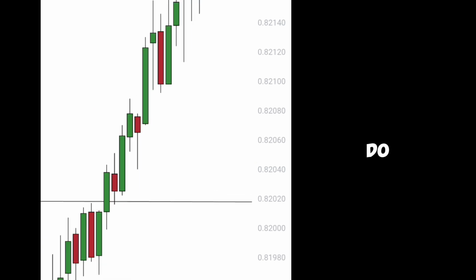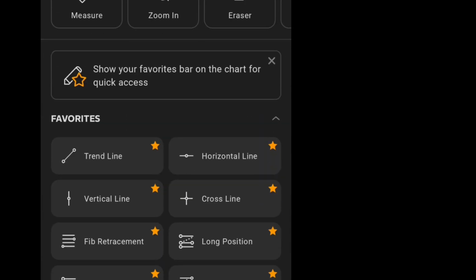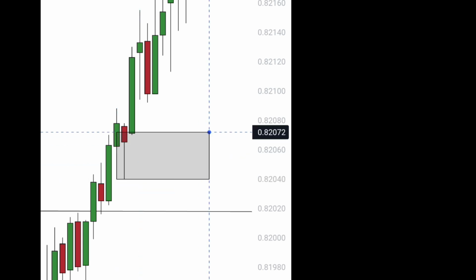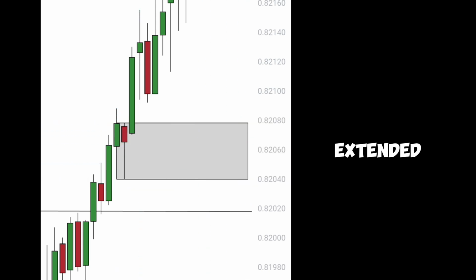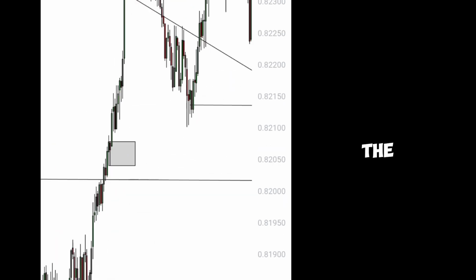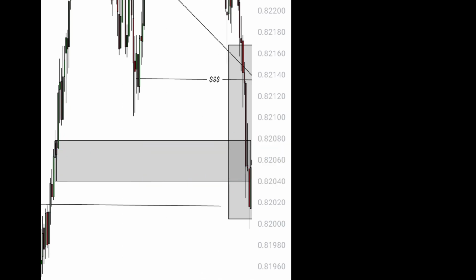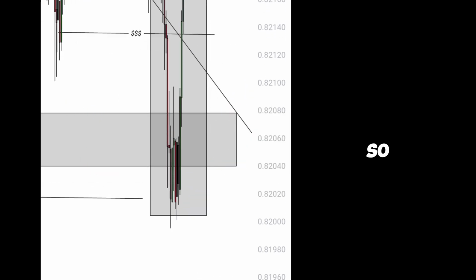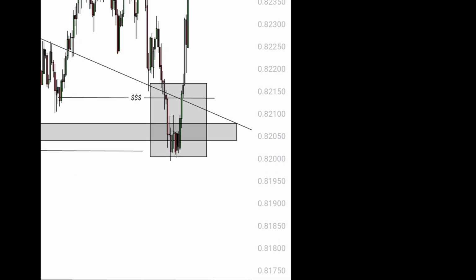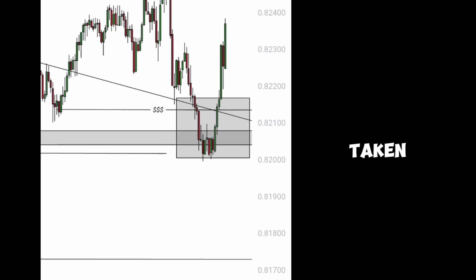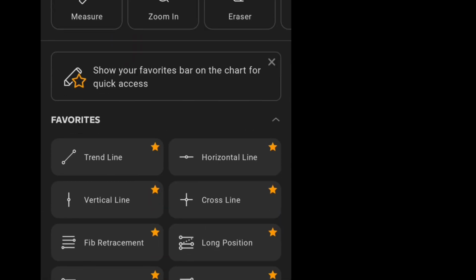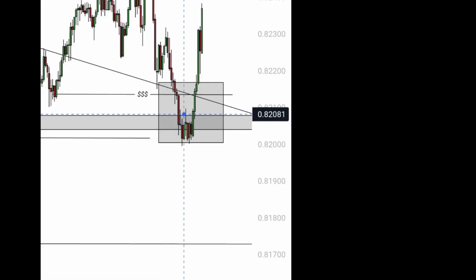So what do I do? I marked it out and then I extended it to the other side. So that's exactly where I would have taken my trade there.